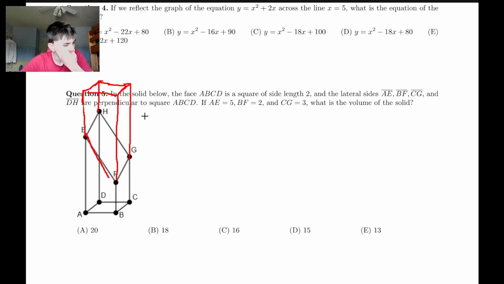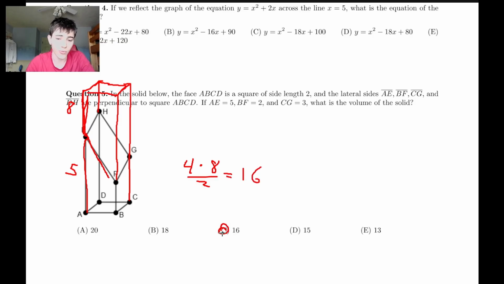And so the idea here is that you don't need to find HD. You already know that GC should have the same length as this segment over here, and you already know that this segment is of length 5, so this should be 5 and 8. And so if you just divide the volume of this rectangular prism by 2, then you get the volume of one of these blocks, which is what we're looking for. So that would be 4 times 8 divided by 2, which is also 16, which is pretty clever.